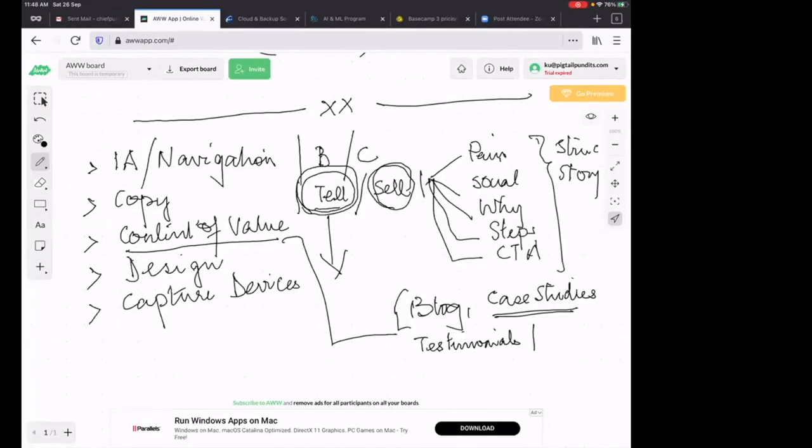Your trust symbols on the website, like whether you are part of the Better Business Bureau or your reviews or your TripAdvisor reviews or whatever. Those things signal to the customer that you are trustworthy.